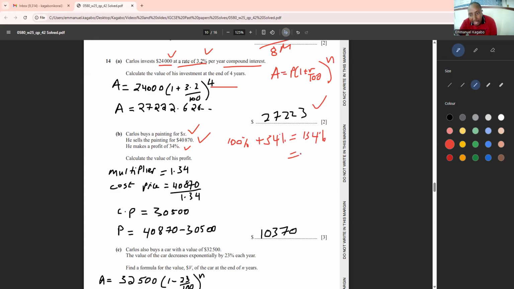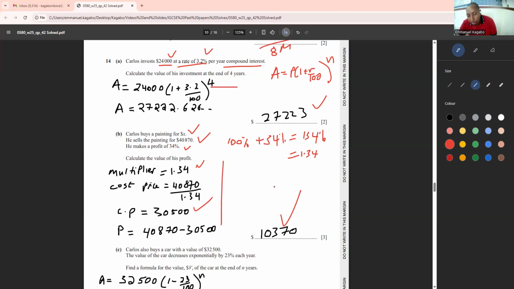So my multiplier is 1.34. That's why I got this one. Now, the cost price is always the new price over the multiplier. So I got the selling price over the multiplier, and that gives you the cost price. Then what's the profit? Get the selling price minus the cost price, and that gives you the profit.